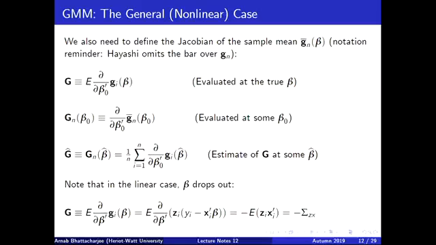Okay? So now this G is a vector. How large is the vector? Well, it has as many elements as there are elements in beta. So it's one for every element of the beta vector. And correspondingly, there's going to be this G_n of beta naught, which is the same thing evaluated at some beta naught.